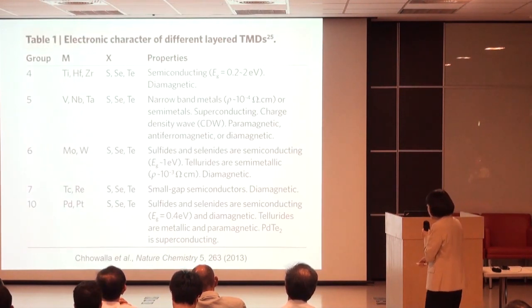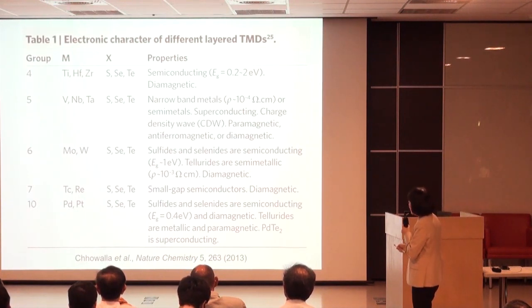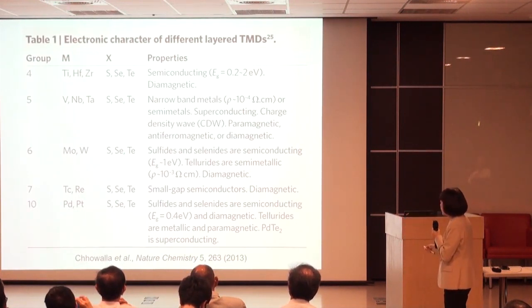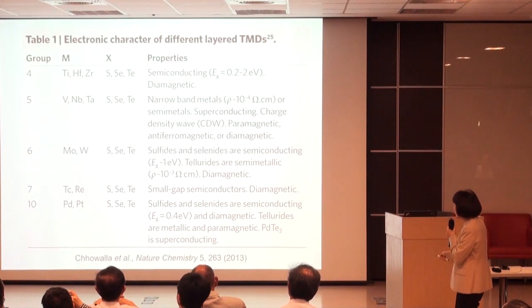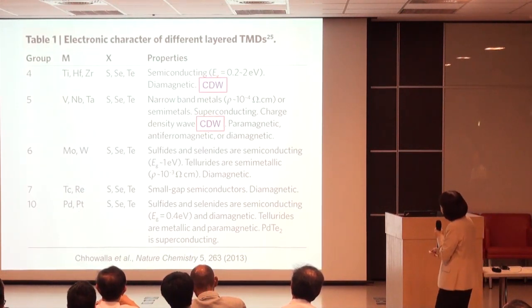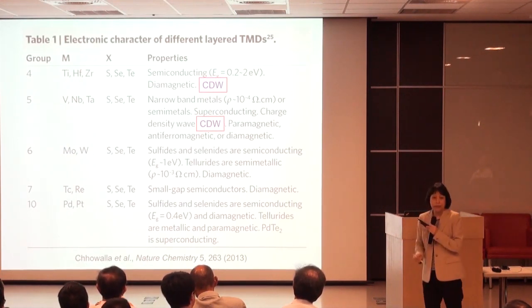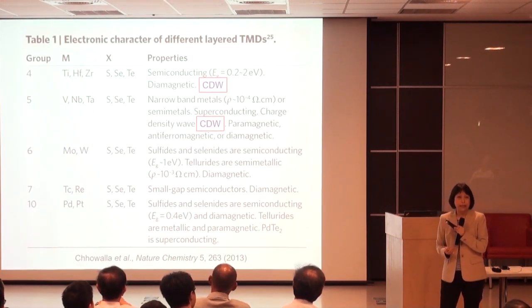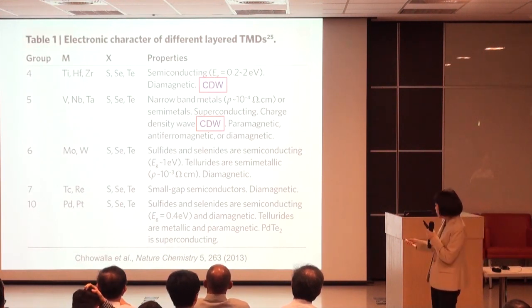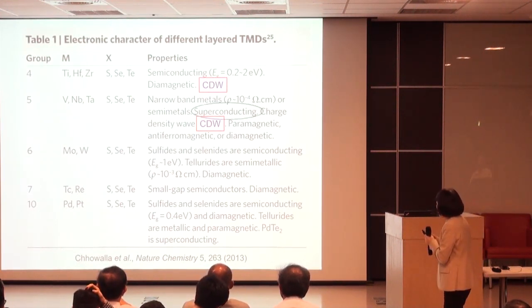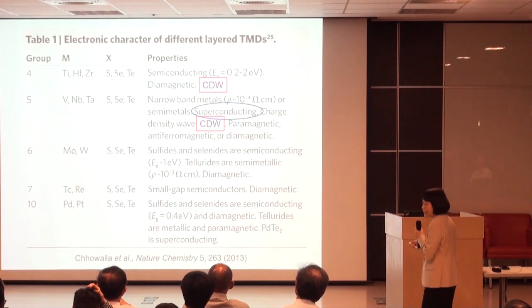So this is a review article that lists all the different properties there. We could go from semiconducting to metals. And what is interesting here is that this is also a prototypical system that was studied for the so-called charge density waves. I can talk about that a little bit. And also superconducting. Okay?